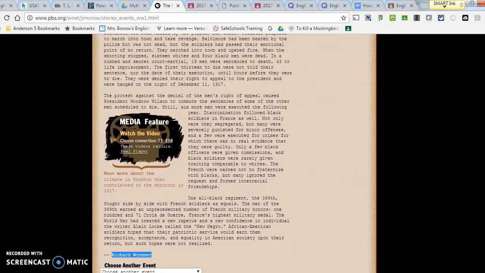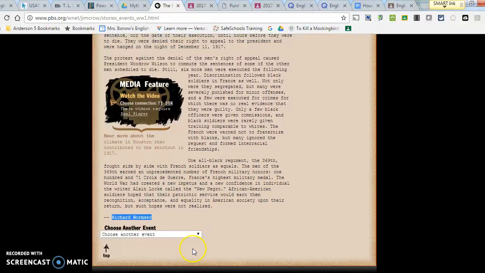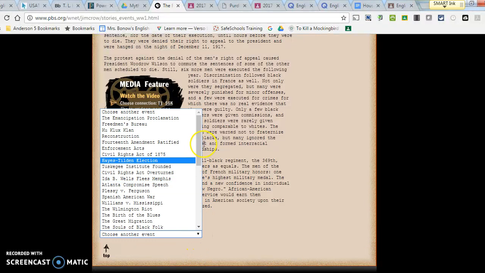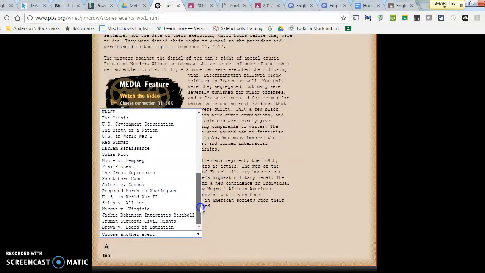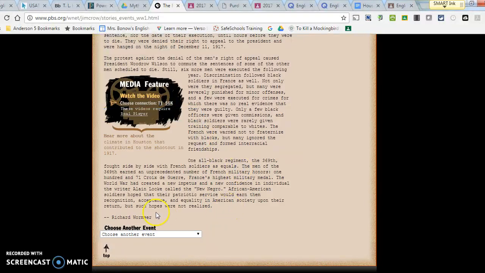And for one of your sources, you can see here you can click through a lot of different events. I also want to point out that many of these seem to be written by this individual here, Richard Wormser.